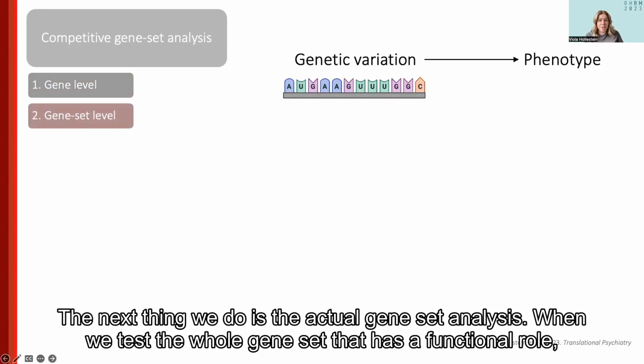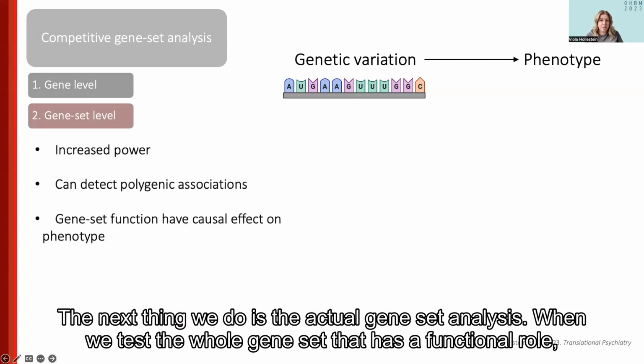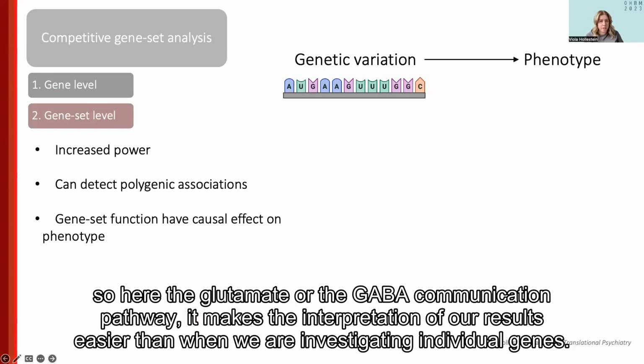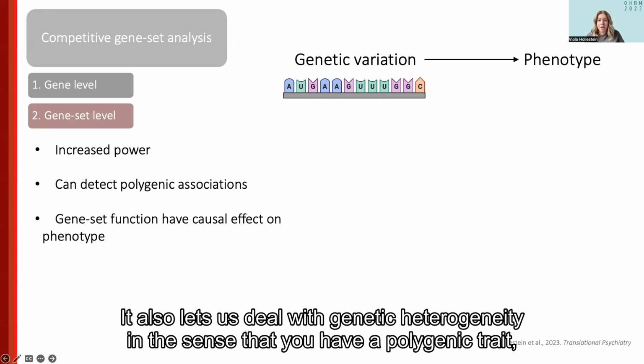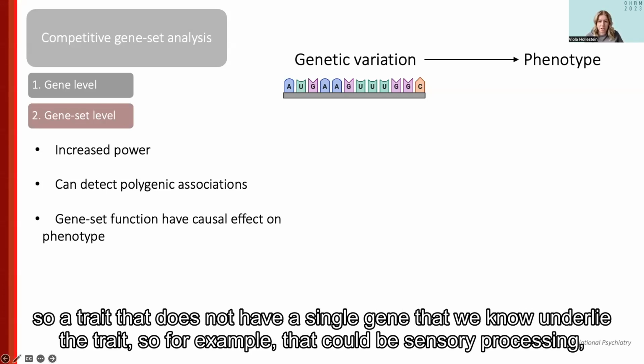The next thing we do is the actual gene set analysis. When we test the whole gene set that has a functional role, so here the glutamate or the GABA communication pathway, it makes the interpretation of our results easier than when we are investigating individual genes. It also lets us deal with genetic heterogeneity in the sense that you have a polygenic trait, so a trait that does not have a single gene that we know underlies the trait. So for example, that could be sensory processing.